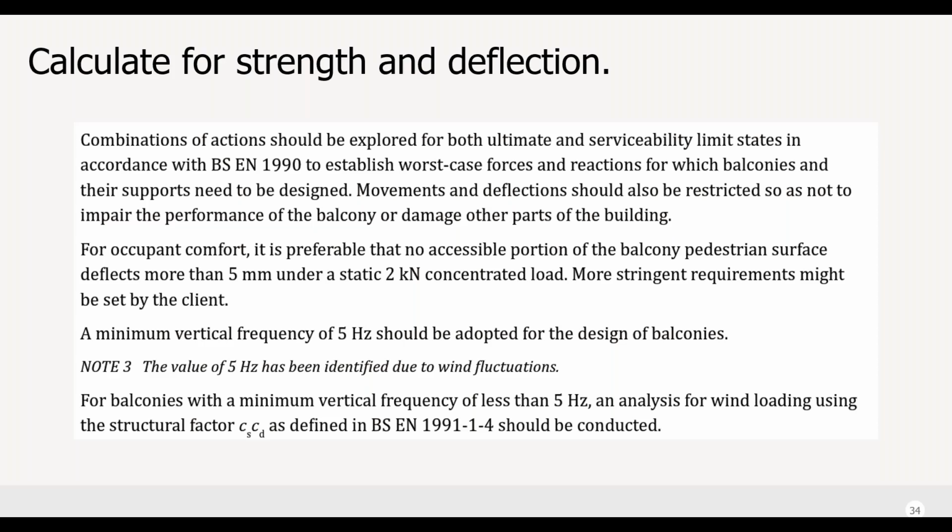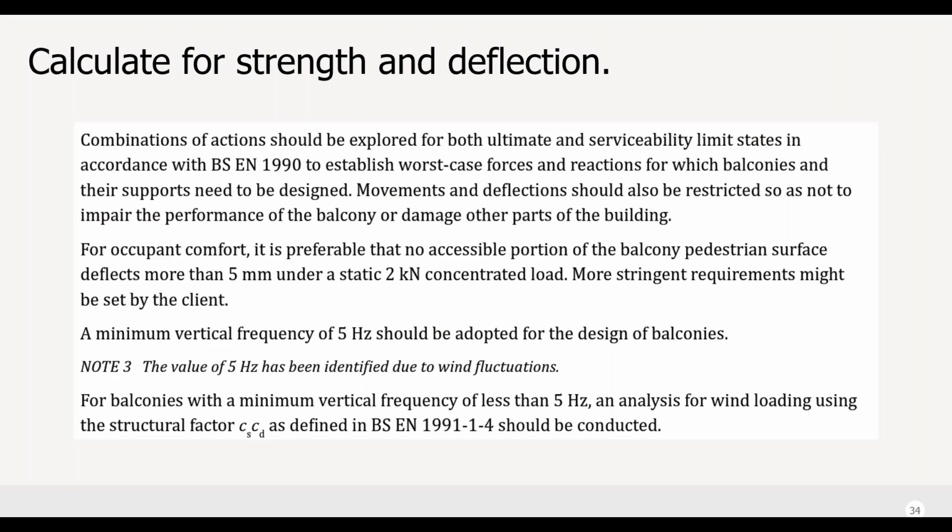So what this guidance does is it raises the bar and sets a standard that, as a minimum, they recommend people achieve. We could have said an L/360 deflection limit, but actually what's more readable by balcony users is the amount of vertical movement you get under a given load.